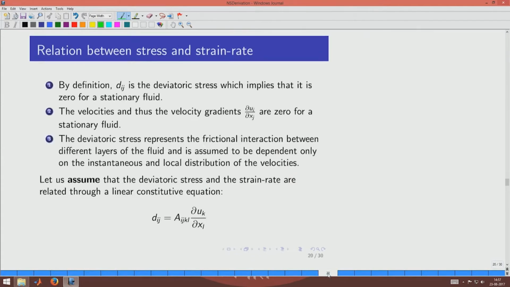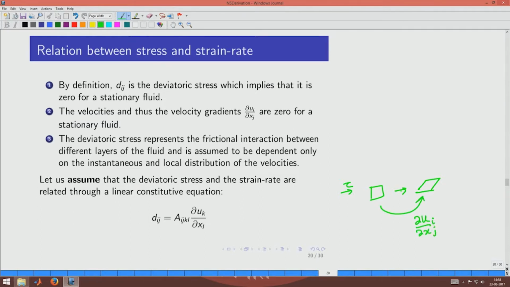Now, what is the linear relationship that we want to derive? The idea is as follows. The shear stresses are going to cause deformations of a control volume in this manner. Okay. So, the shear stresses tau that are applied are going to lead to this kind of change of the control volume, which is described by the velocity gradients.